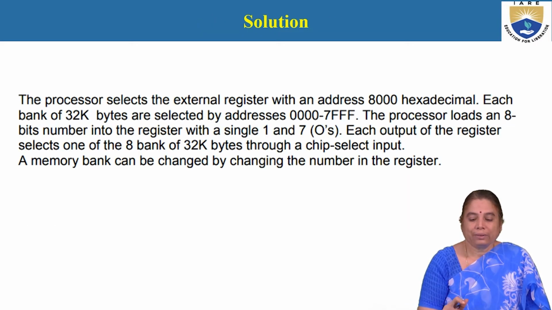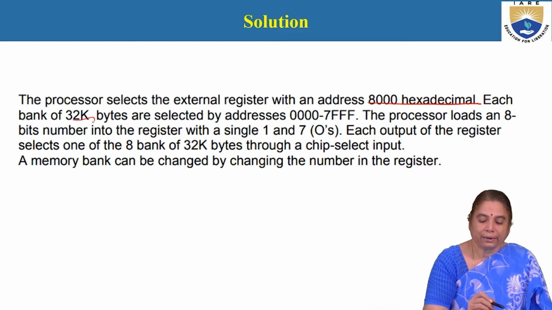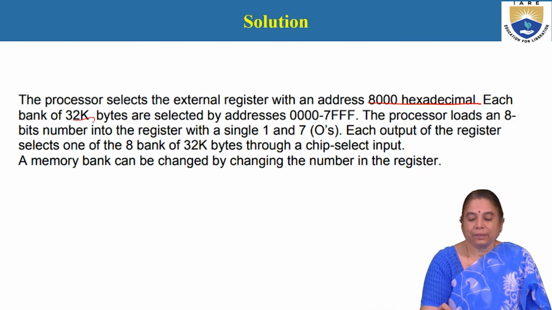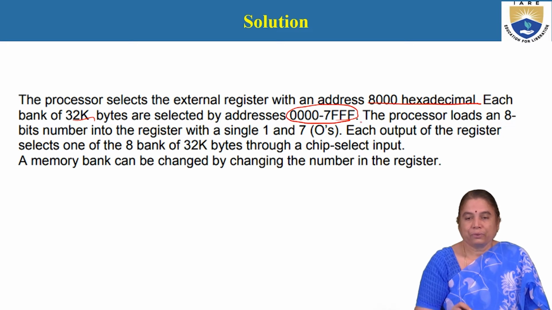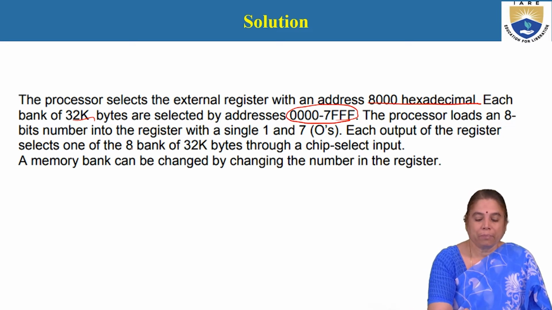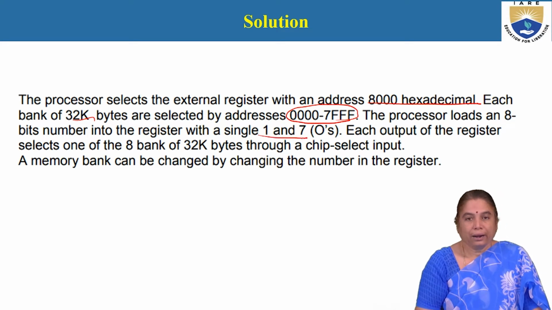So the processor selects the external register with an address of 8000 hexadecimal. Each bank can have 32K bytes and is selected with addresses 0000 to the maximum address 7FFF. The processor loads an 8-bit number to the register with a single 1 and 7 zeros.